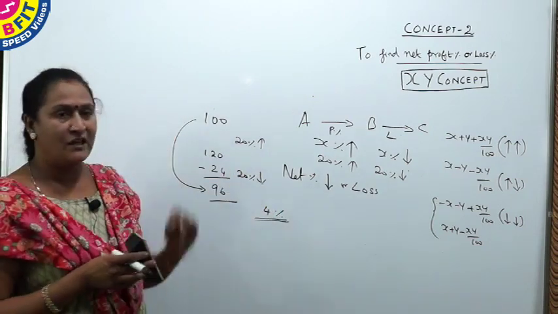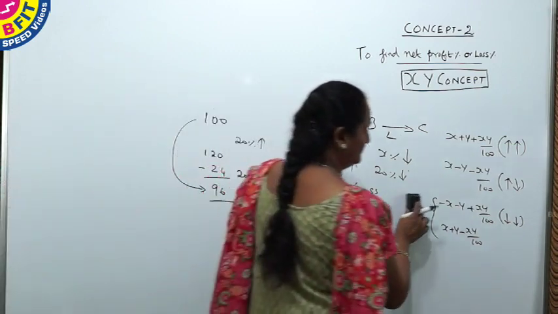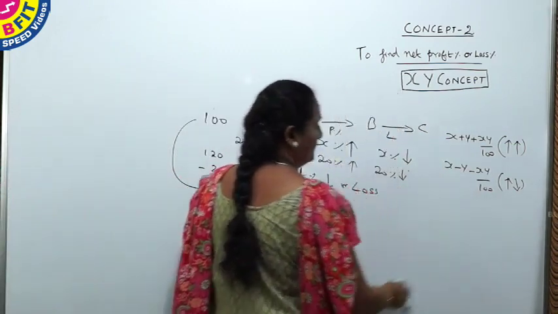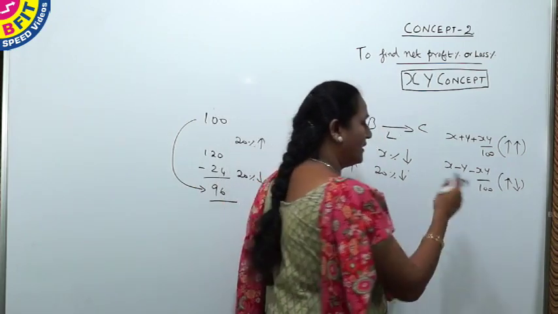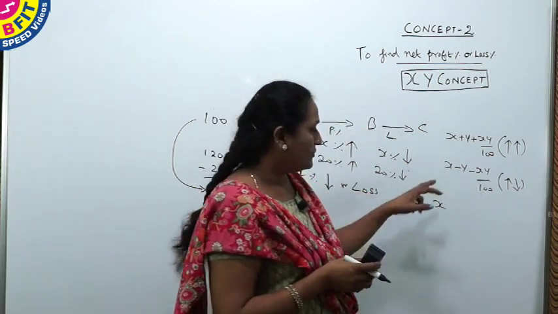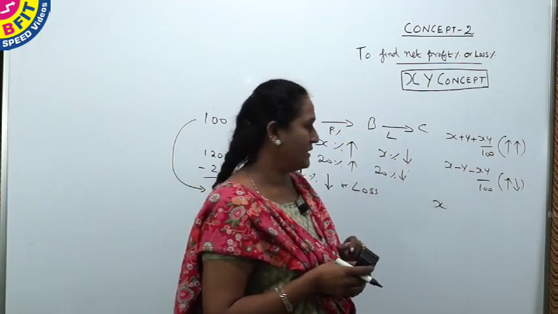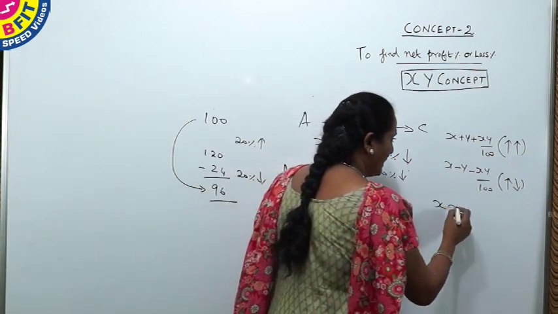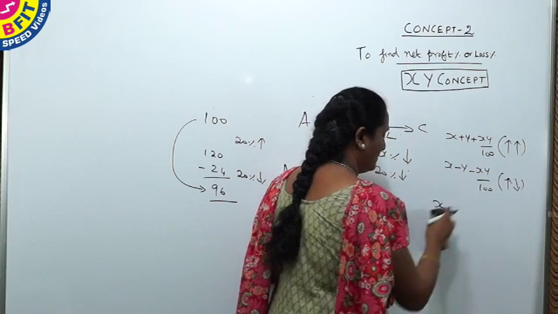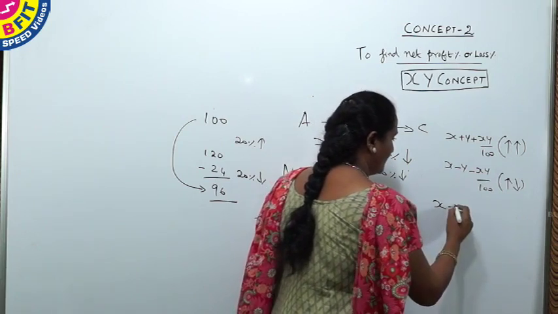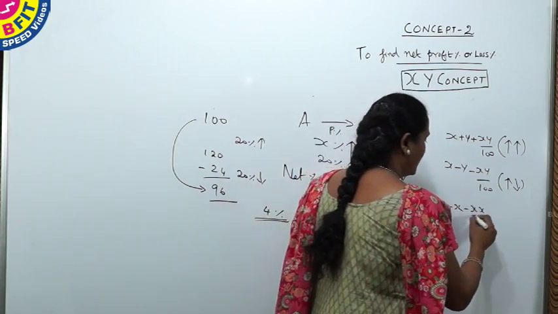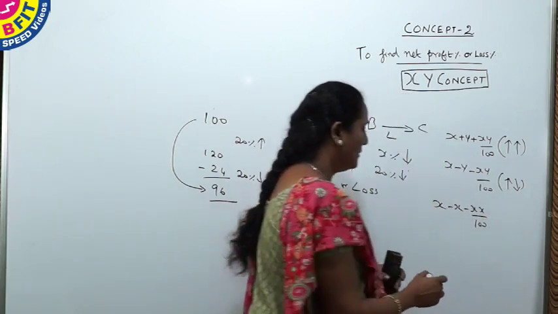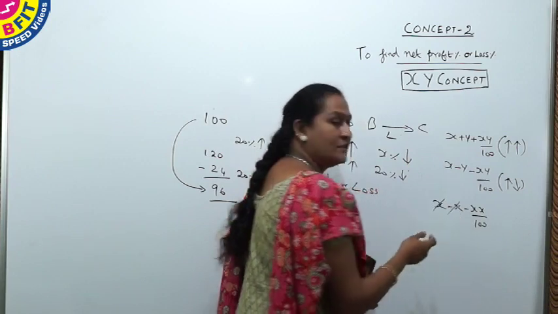So we'll see the working also here. For one increase, one decrease, we'll use this. If it is increased by x% and then decreased by x%, that is x minus x minus x into x by 100. For the same percent increase and decrease, the x terms get cancelled.